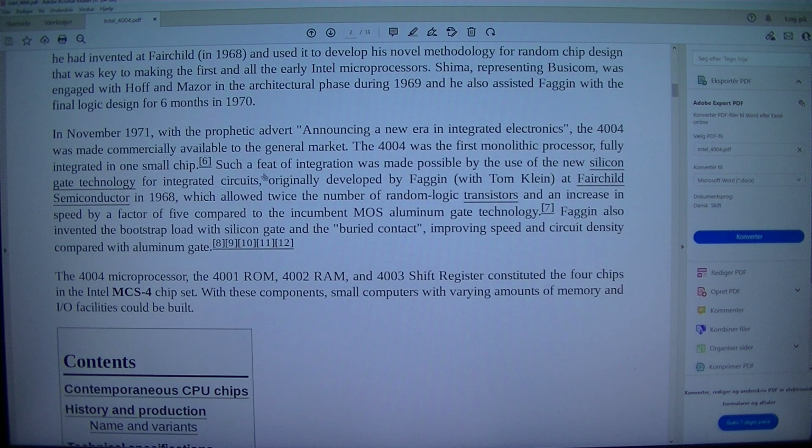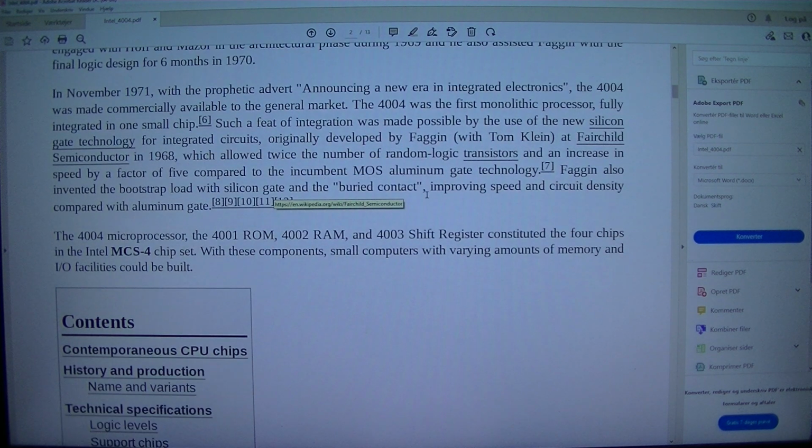Such a feat of integration was made possible by the use of the new silicon gate technology for integrated circuits, originally developed by Fagin, with Tom Klein, at Fairchild Semiconductor in 1968, which allowed twice the number of random logic transistors and an increase in speed by a factor of 5 compared to the incumbent MOS aluminum gate technology.